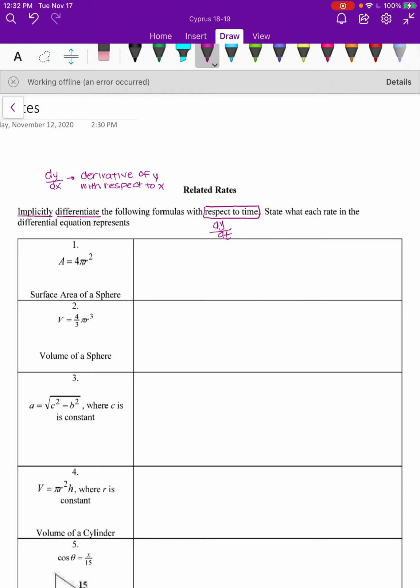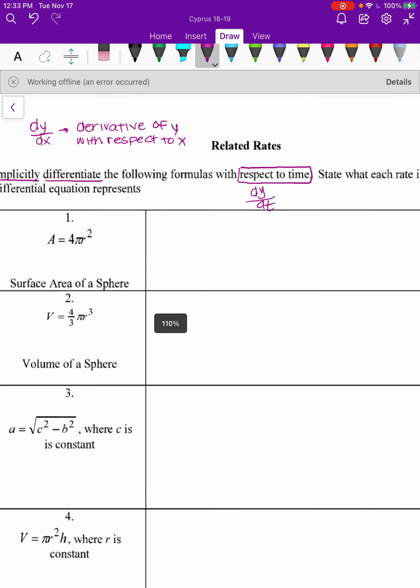Okay, so let's practice this. The first one, we want to do implicit differentiation for the surface area of a sphere. I'm going to write down the equation and zoom in a little bit here. We have A equals 4 pi r squared. The 2 variables in this equation are A and r.